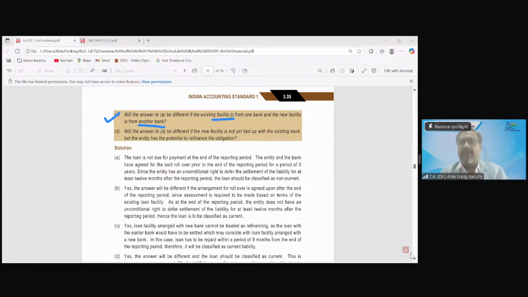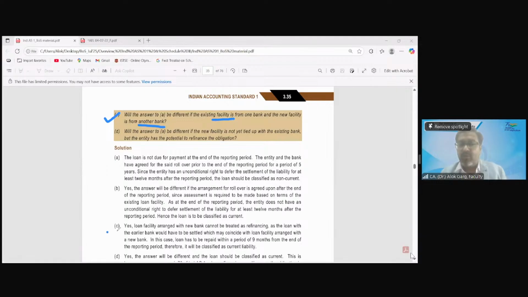So while you have entered into an agreement with another entity that this loan is repayable after 9 months, and the other entity agrees that for repaying this loan, I'll give you a loan which is repayable after 5 years, this is not refinancing. Refinancing means the same bank is refinancing you.